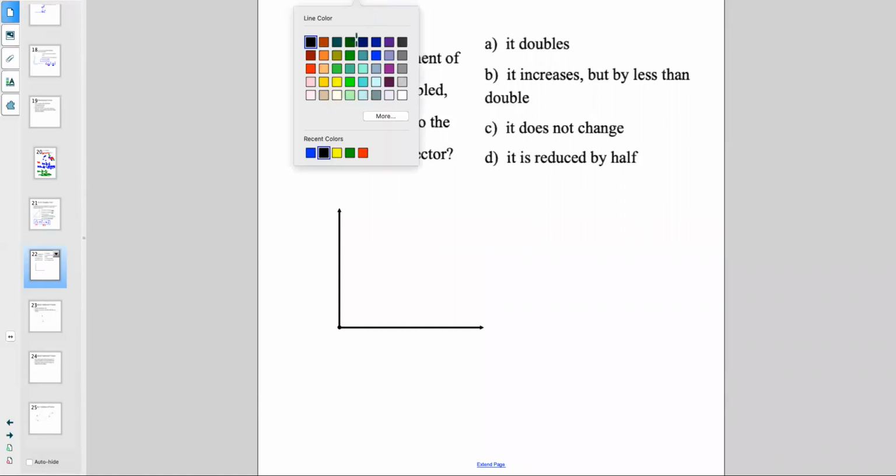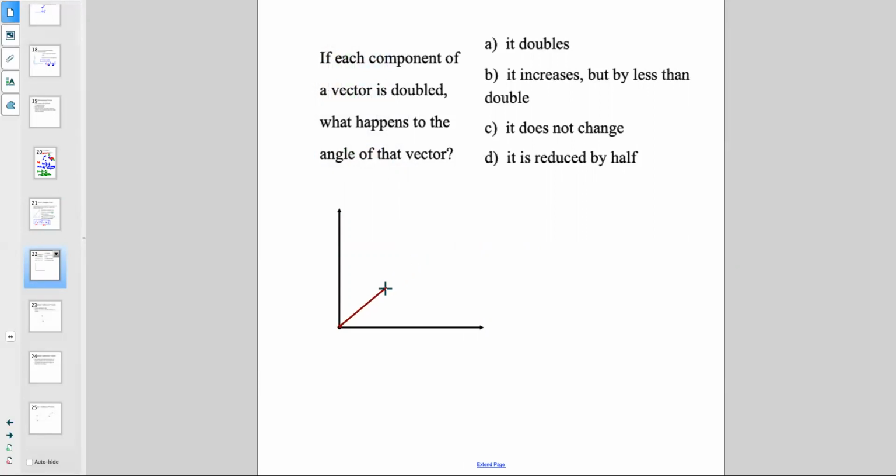And then I have my vector right there, with an angle of, let's say, theta. So if this is vector A, this would be the portion of it along x direction, A sub x, and this would be the portion of it along y, A sub y. And they are all vectors, by the way, so we have a vector quantity both for x and y.